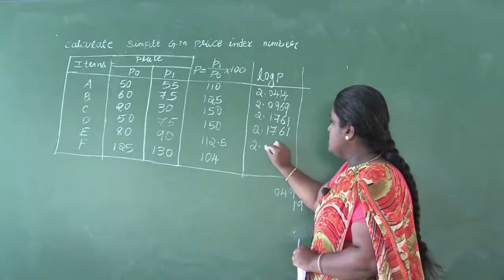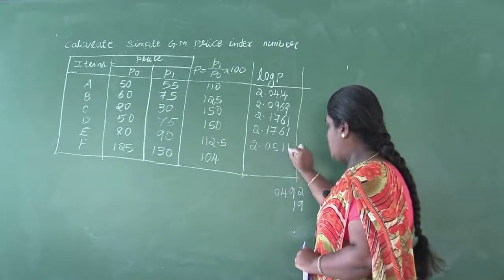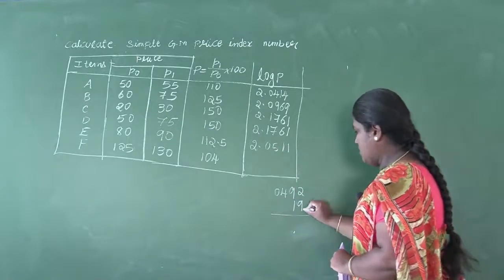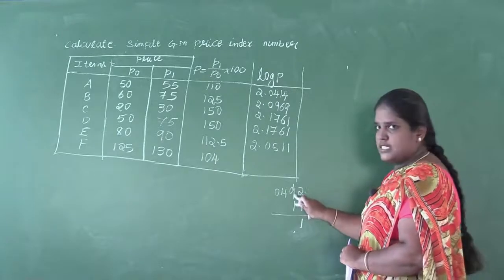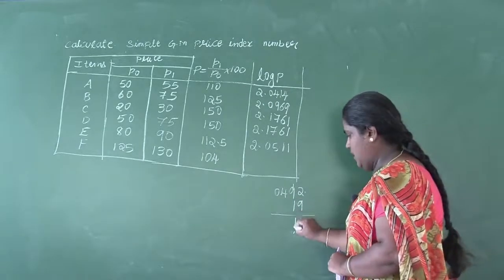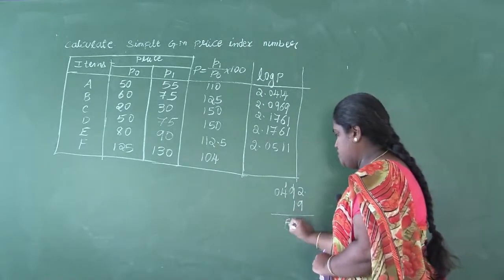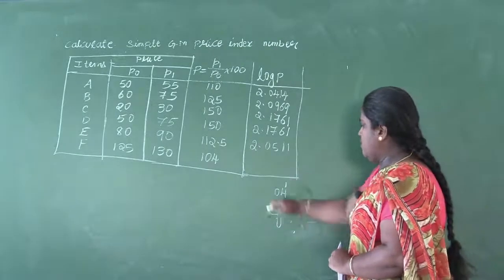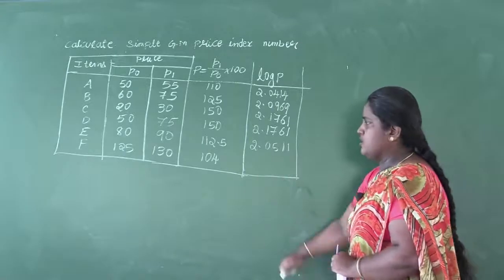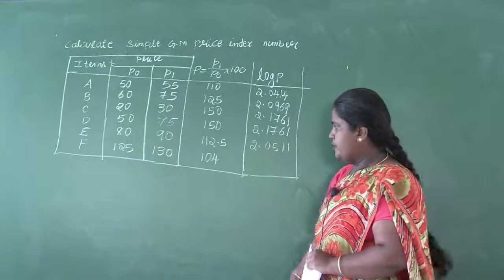When we add this, we'll get 0511. So you can check here, 9 plus 2 it is 11, so 1 carry up. 1 plus 9 plus 1, again 11, 1 carry up, so 5, 0. So 2.0511 is the logarithm value for 112.5.